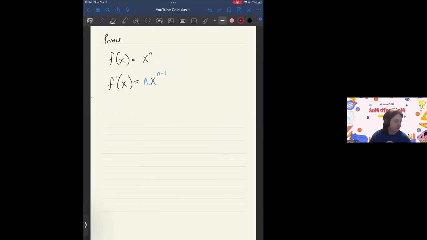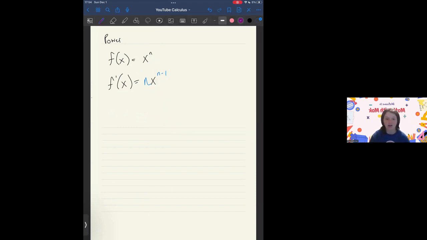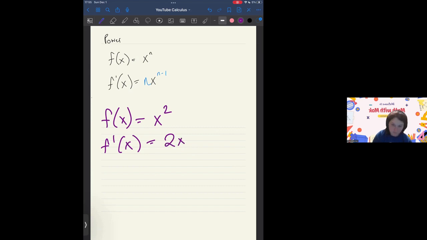So our power rule. All this is saying is that if you have something simple like x to some exponent that is not another variable, all you have to do is subtract 1 from the exponent and multiply. Some examples of this might be: if f of x equals x squared, f prime of x equals 2x.